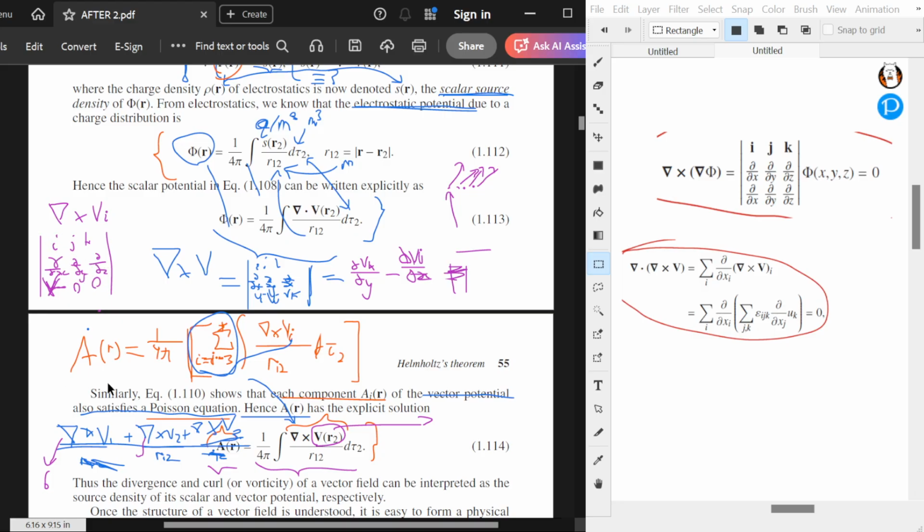So the i component will be 0, 0i, minus this, del V del z, oh, minus minus, so it's plus j, plus k del y del V del y k.